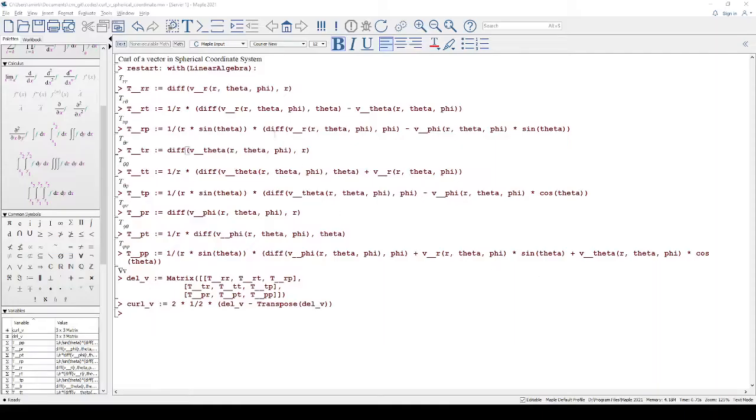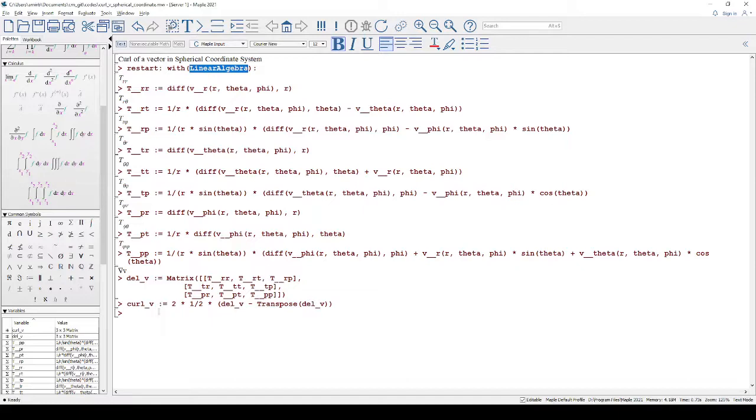All right, so here we're going to use Maple to find the curl of a vector in a spherical coordinate system. To do this, I use the linear algebra package here in Maple. You have to remember that I am using linear algebra, or matrix algebra, to calculate this curl V in a spherical coordinate system.